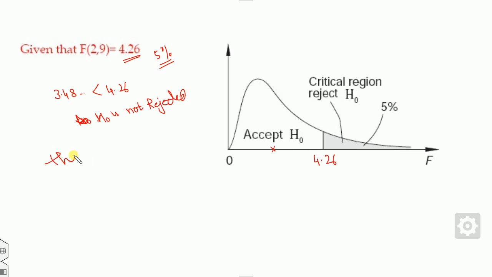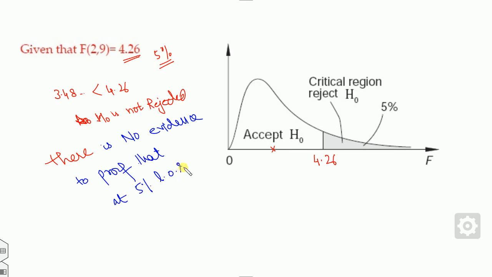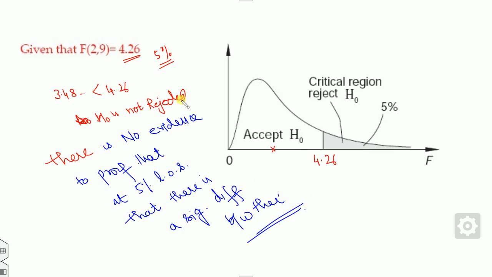So there is no evidence to prove at the 5% level of significance that there is a significant difference between their means. H0 is accepted, so all the means are equal, and there is not enough evidence to prove a significant difference between them.